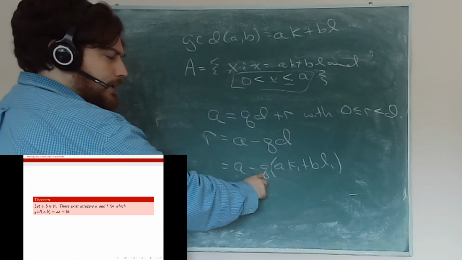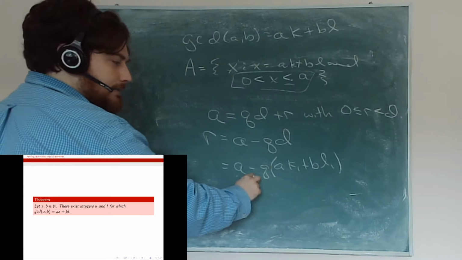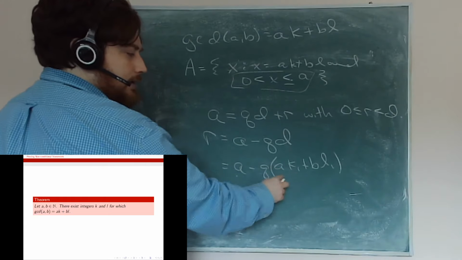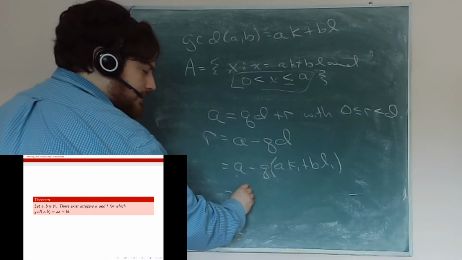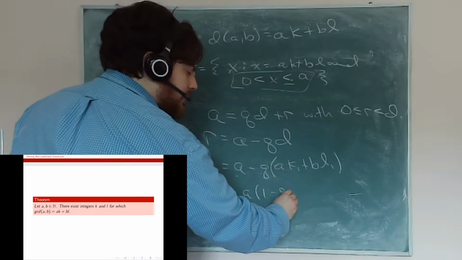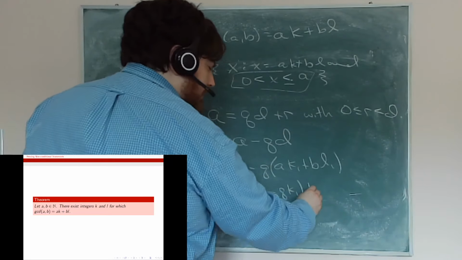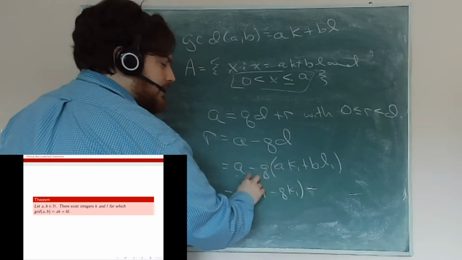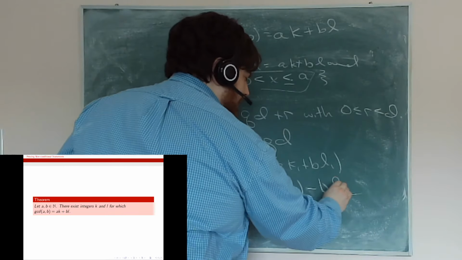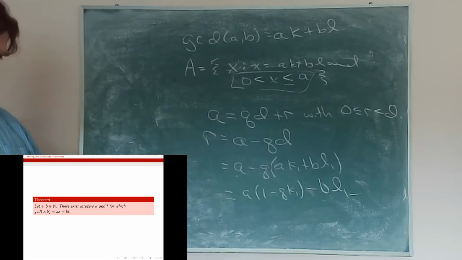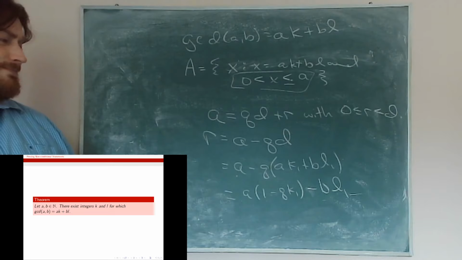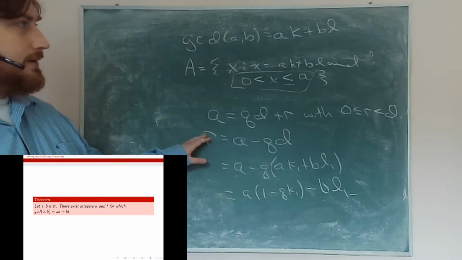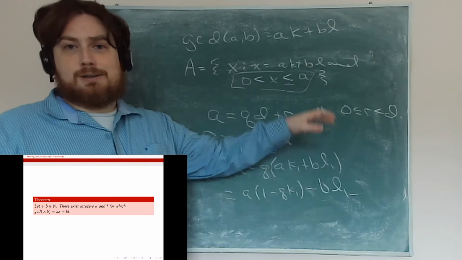But if I rewrite this, this is A minus QAK1, so this is A times 1 minus QK1 plus, or actually minus, because I have to distribute the negative, BL1. So what that means is that my remainder can also be written in this form.